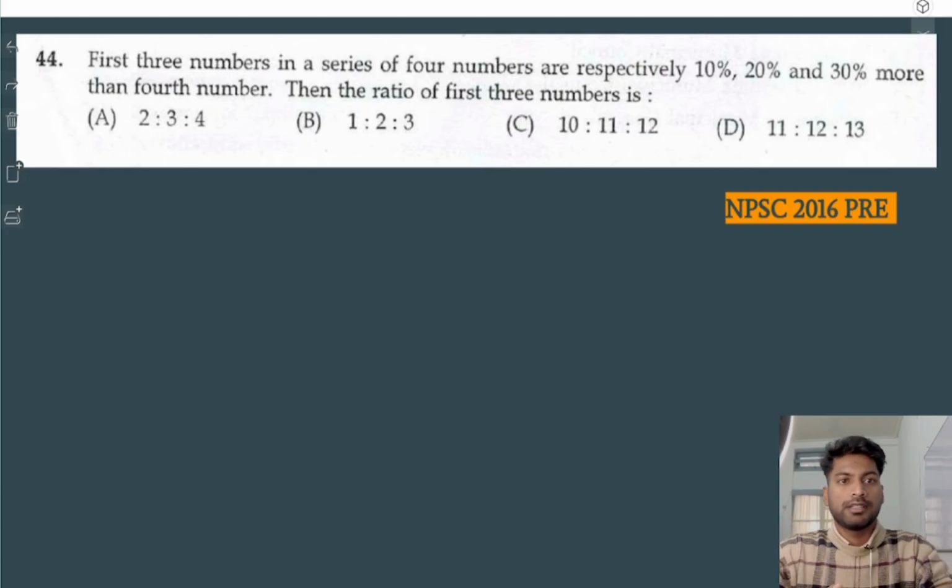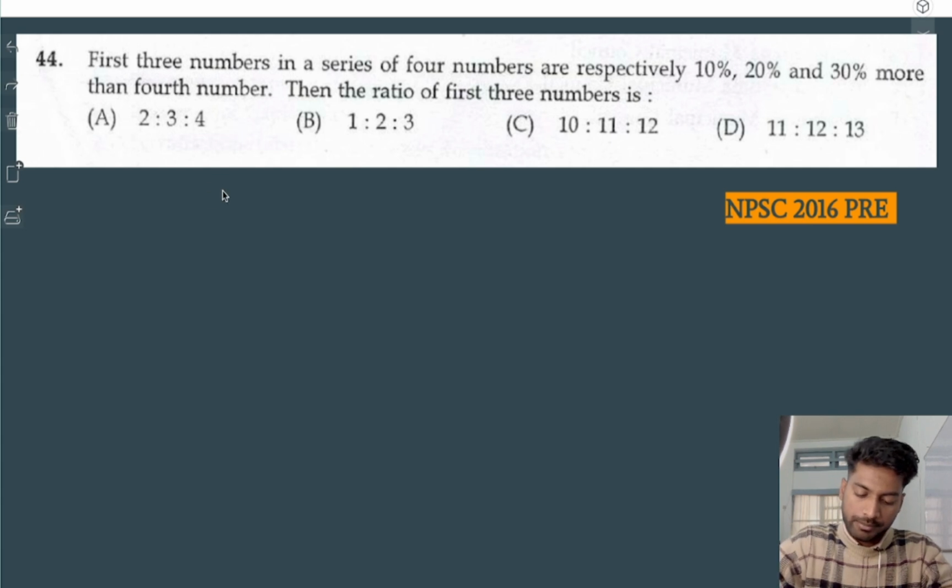See, the first three numbers in a series of four numbers are respectively 10%, 20% and 30% more than the fourth number. Okay, so there are four numbers. First, second, third and fourth. So let me write four numbers.